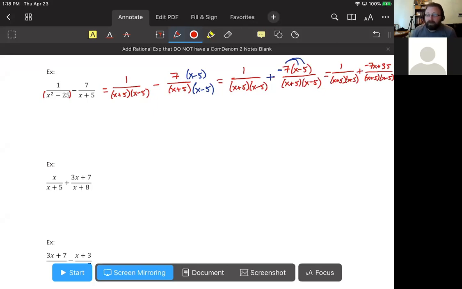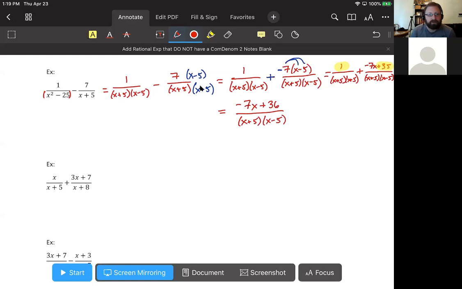So at that point, and I'm hoping you guys can see all of that on your screen. Yep, okay. We're going to go in and add the numerators, which means add the like terms, which is only 1 plus 35. So that would give us negative 7x plus 36 over x plus 5 times x minus 5.